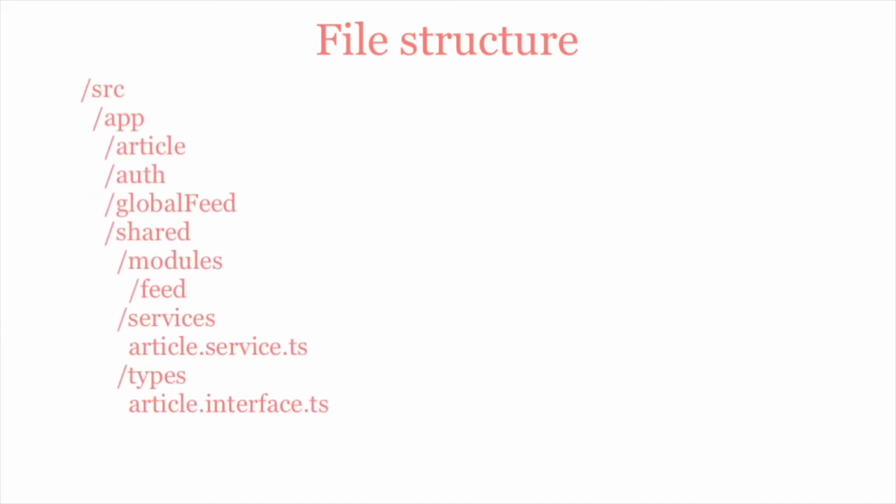The last thing that we want to share is services and types. Basically, services should not be exactly injected in some shareable module. We can just say, okay, we have shareable services. For example, we have some article service which we use between several modules.